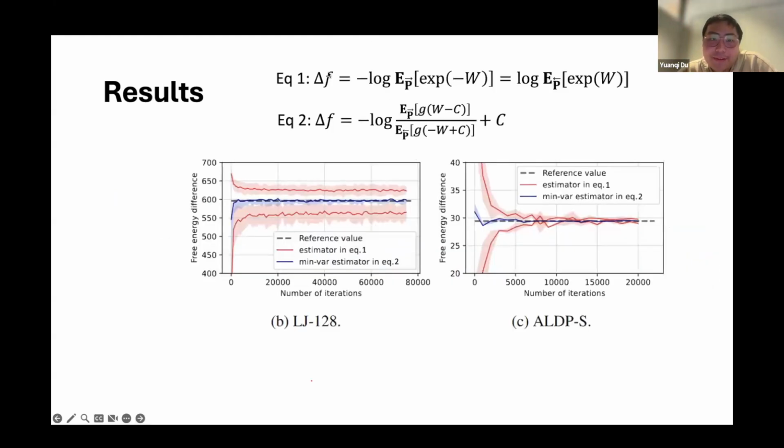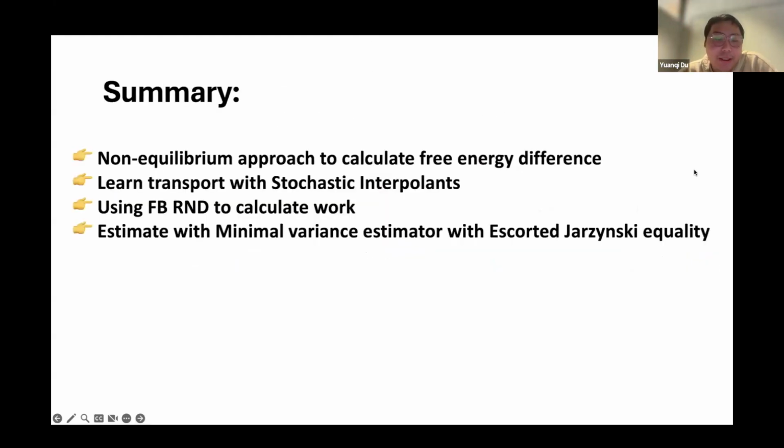All right, sounds good. Then I'll summarize and wrap up. To summarize, we propose a non-equilibrium approach to calculate free energy difference. The main contribution is realizing a way to learn the transport with these stochastic interpolants that are scalable, and as far as we know they scale to large systems, compared to, for example, using reverse KL to learn samplers, which is less scalable.